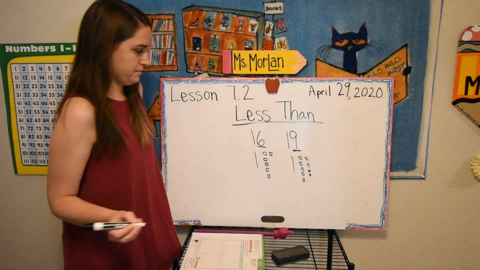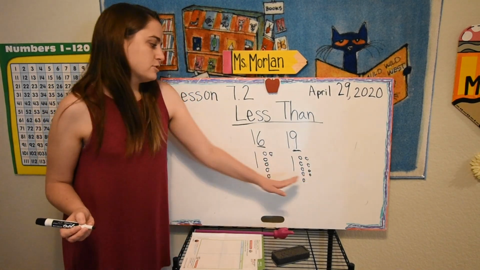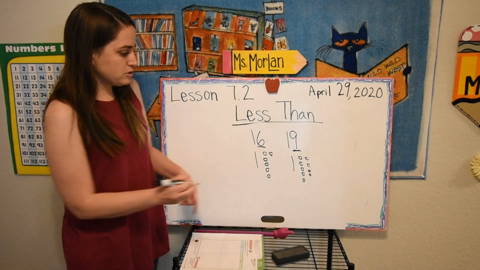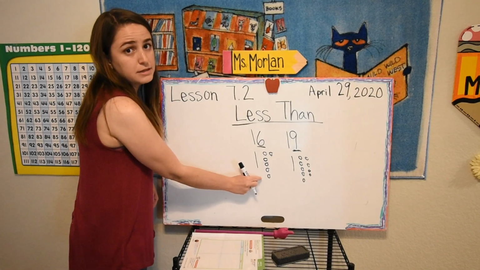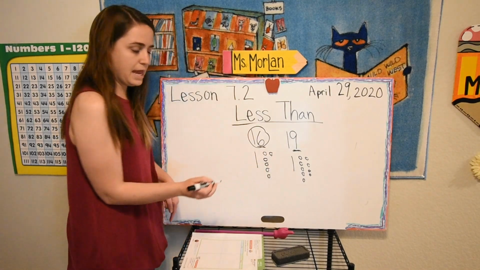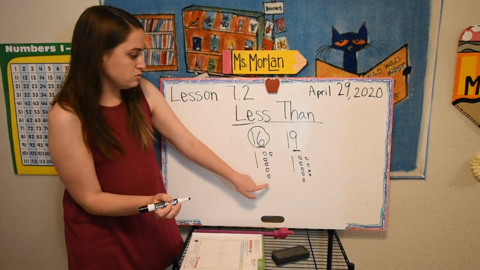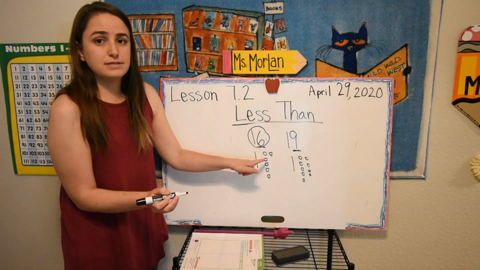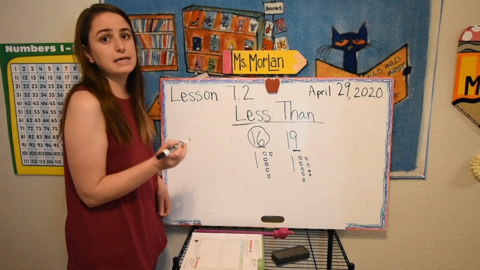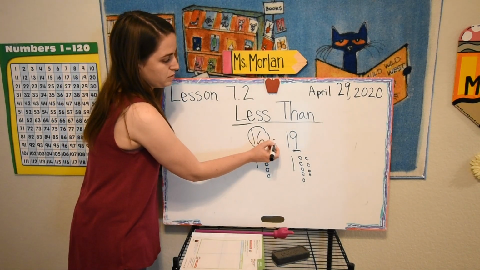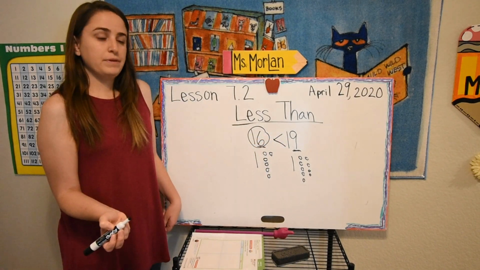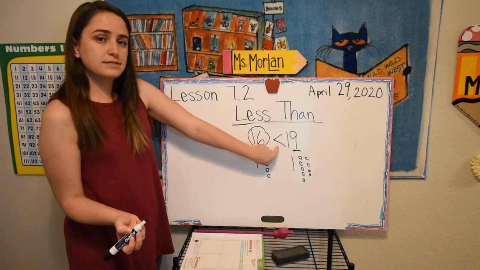Which one has a smaller amount of ones? 16, right? So altogether, this would be the smaller number, the less than number. They have the same amount of tens, but then you look at the ones and you see that 16 only has 6 ones and 19 has 9 ones. So that means 16 is less than. And when we write the symbol, we write the closed side towards the 16 and the open side towards the 19. And this says 16 is less than 19.